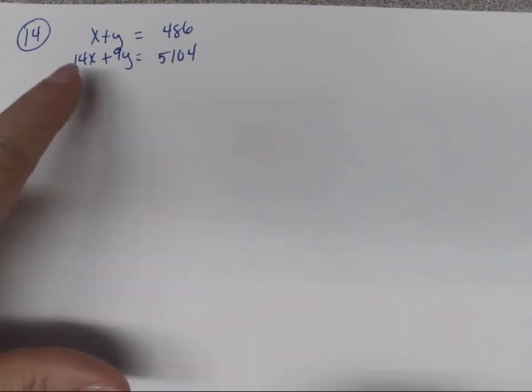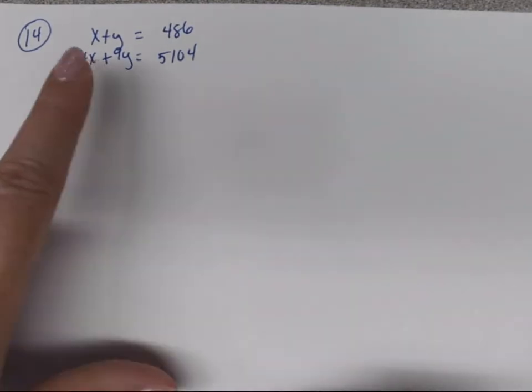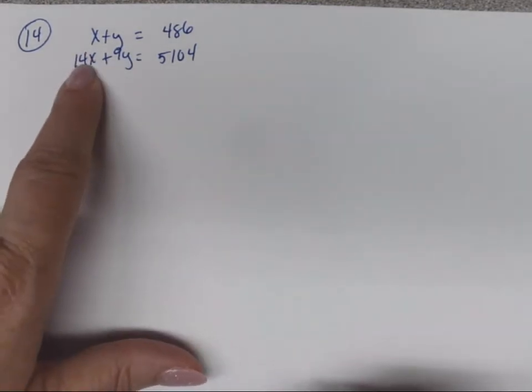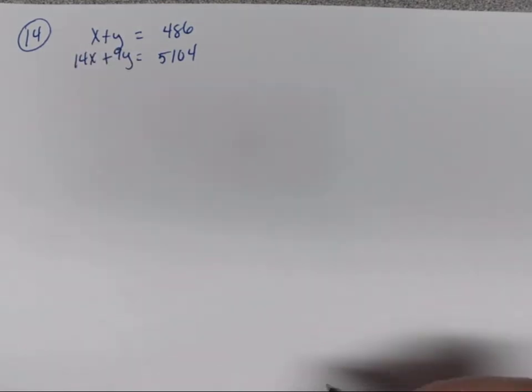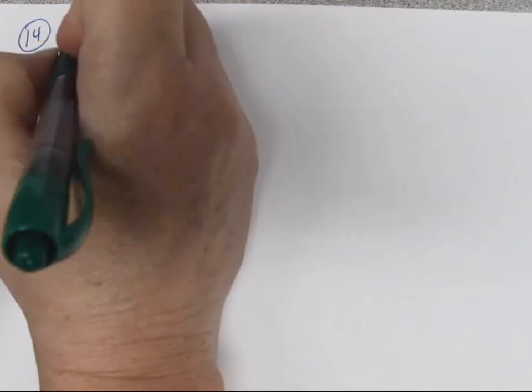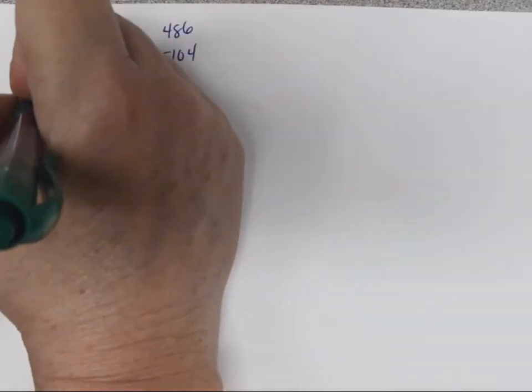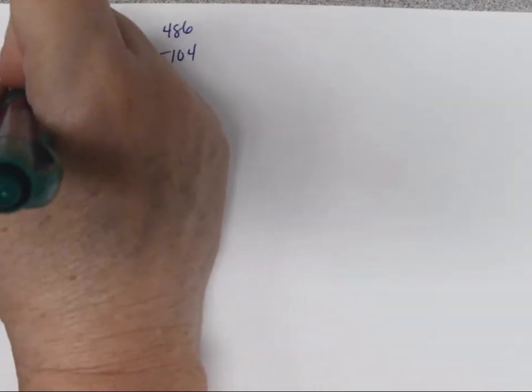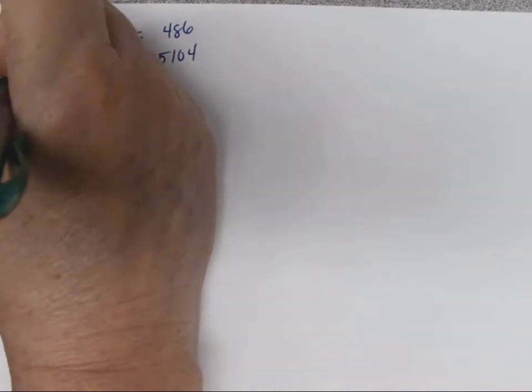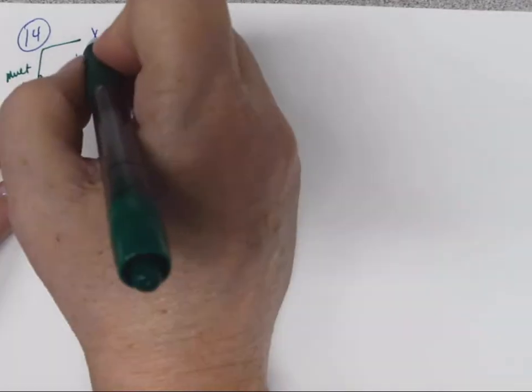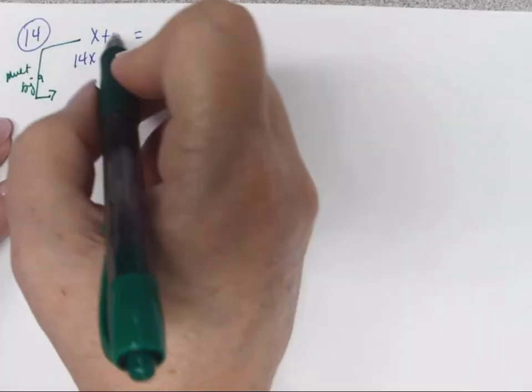So if I want to solve for both, I need to get rid of one. I'm going to solve for the x first because the 9 is a smaller number, and that way I won't end up with so many negative signs. So I'm going to multiply this one here, bring it down, and I'm going to multiply by 9. Okay? So that, by negative 9, so I can subtract it out.